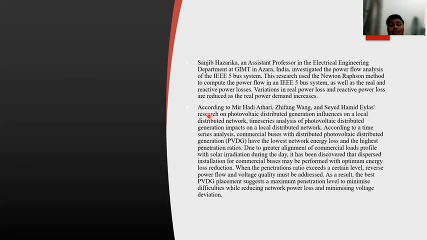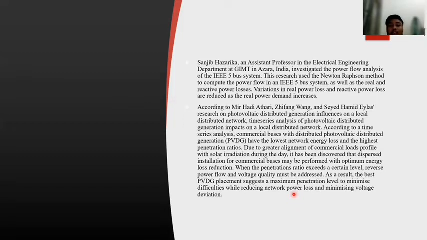Last, for the literature review, according to Mir Hadi Athari, Zifang Wang, and Said Hamid Ilyas, research on photovoltaic distributed generation influences on a local distributed network: time series analysis of photovoltaic distributed generation impacts on a local distributed network.